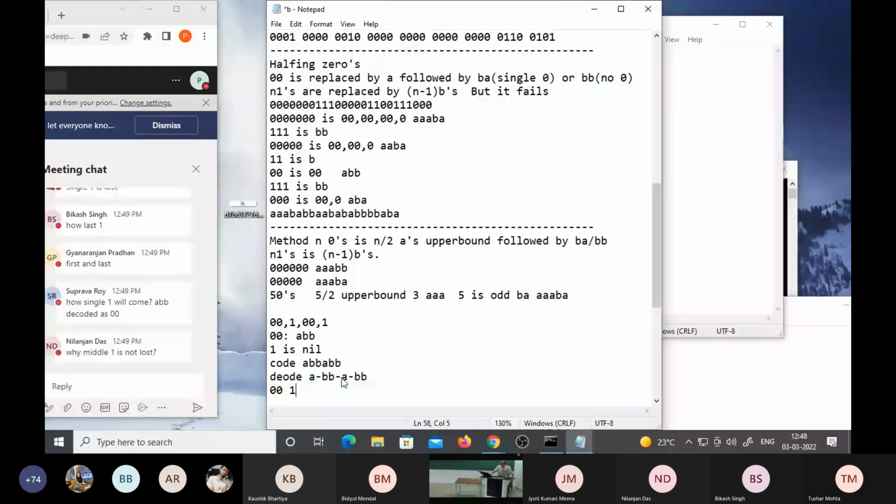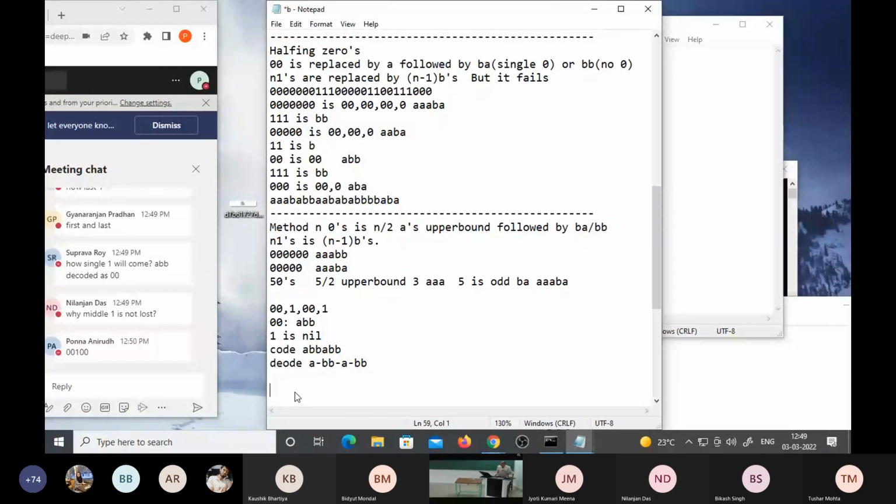Because you see here, as soon as A comes after BB, it will give you a guarantee that no one is there. If there would have been any one, then after BB also something would have come. Is it correct? Yes. Okay, let us see this. 0 0 1 0 0.